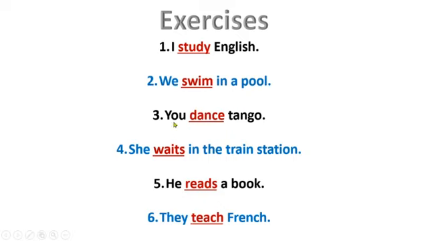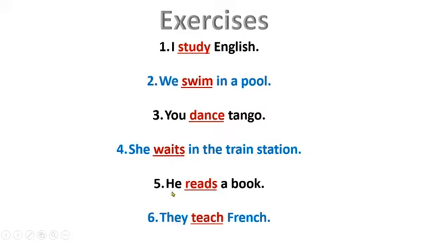So now we have you dance tango. Dance is simple because you is first person. Number 4, she waits in the train station. Now she is third person, that's why we use waits instead of wait.